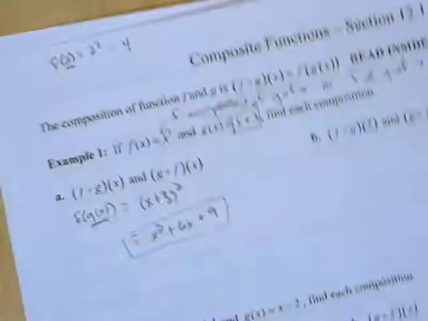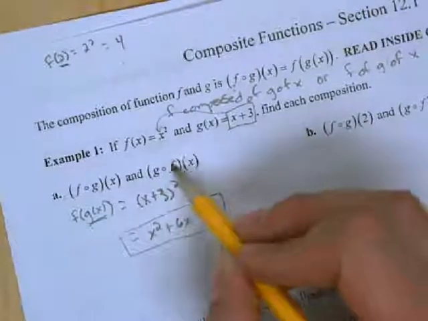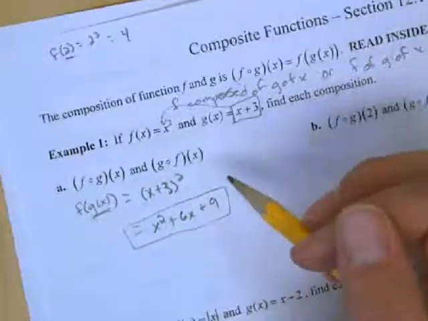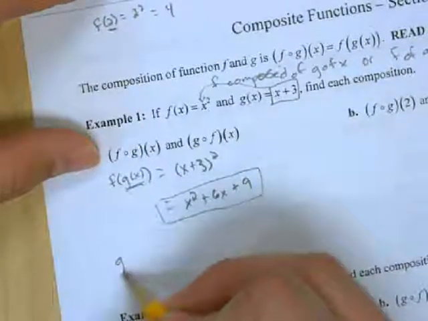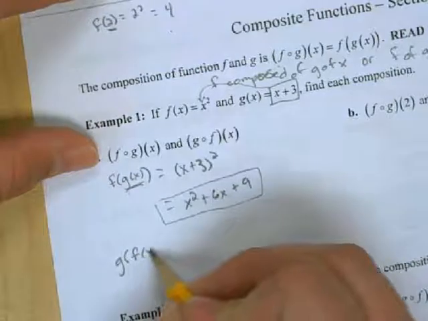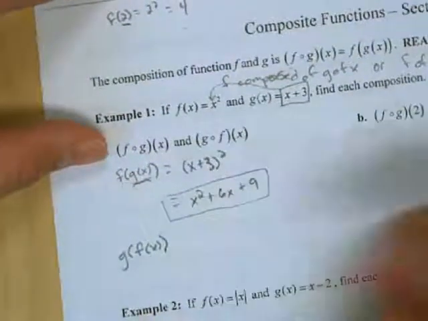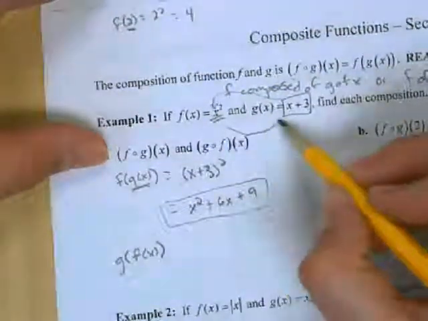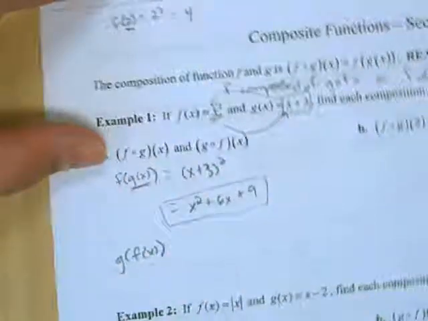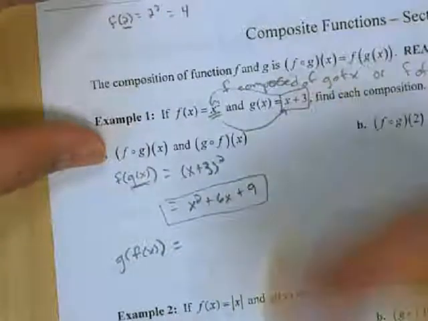Now, the other direction. If I want to do G composed of F of X, it's not going to be the same thing. So now, G is on the outside, and we're going to plug F of X inside. So now I'm going to take this X squared, and I'm going to plug it in for the X in G of X. It's a substitution. All of this is about substitution. We're taking an X out and replacing it with something else.